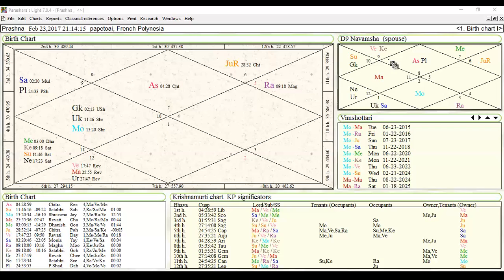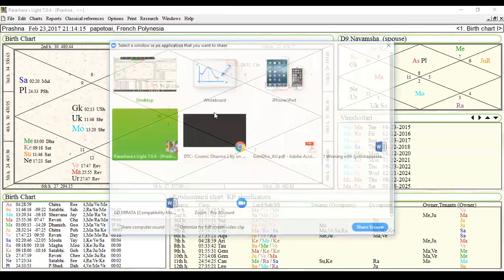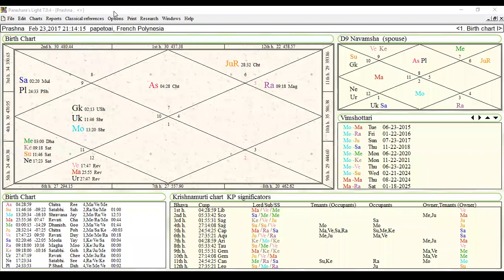Will they get worse? Will I ever find my soulmate? Am I with my soulmate? If I am, when will they realize they're my soulmate? There are always questions about relationships. So the Navamsha, as a result, is the subchart we want to consult when it comes to relationships. So let's take a look here.